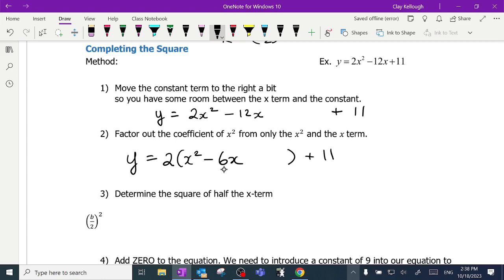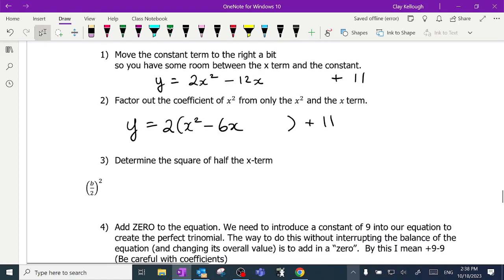Half of negative 6, which is negative 3, squared. Anything you square comes out positive. So negative 3 times negative 3 is 9. And again, the k term, if you want to call this missing term k, is this little formula. Half of this number squared. So the number is going to be negative 6 divided by 2 all squared, which is, as someone just said, positive 9.